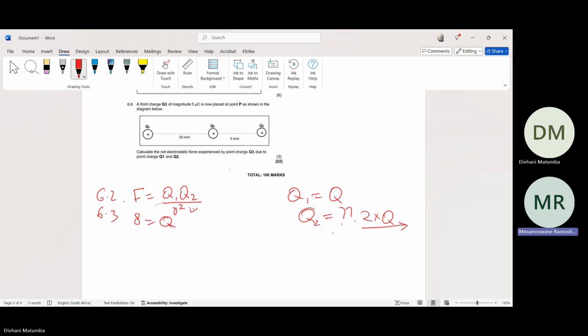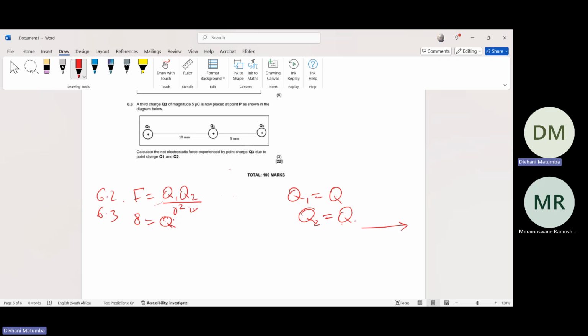Because they are two. No, but if they're identical, then that means Q2 is also equal to Q. Exactly. So Q2 is also equal to Q.